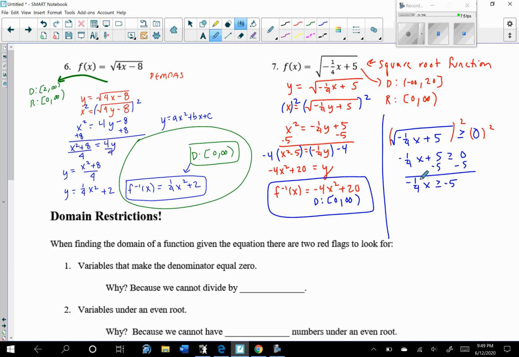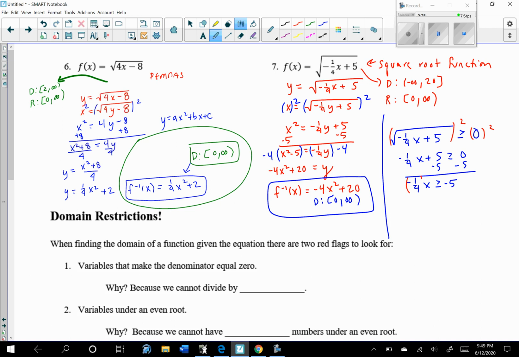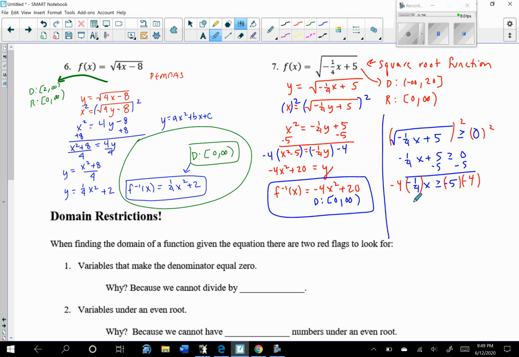Then I have to get rid of the negative 1/4, so multiplying both sides by negative 4. And remember, when you multiply both sides of an inequality by a negative, that flips our inequality sign. So this becomes x, flip your inequality sign, is less than or equal to negative 5 times negative 4 is 20.